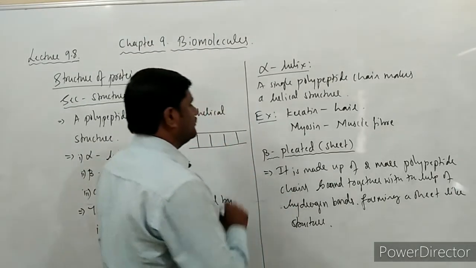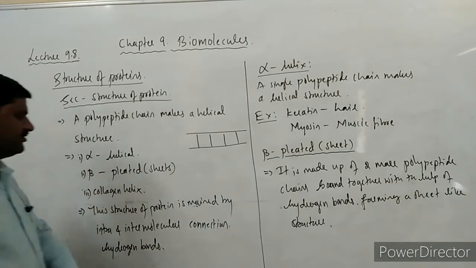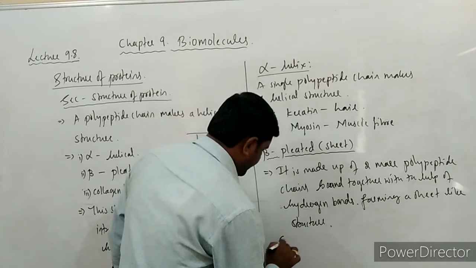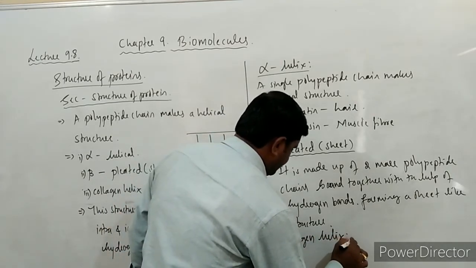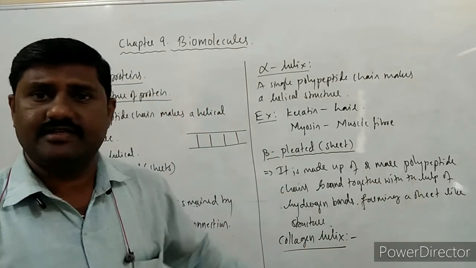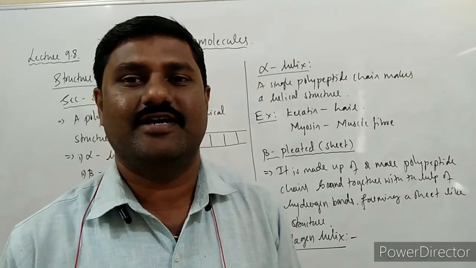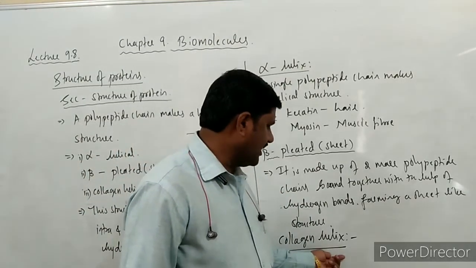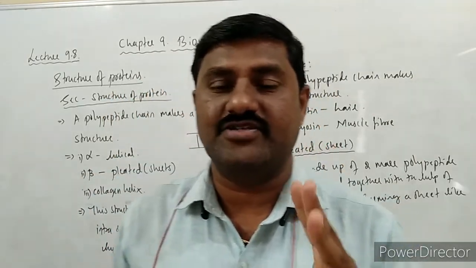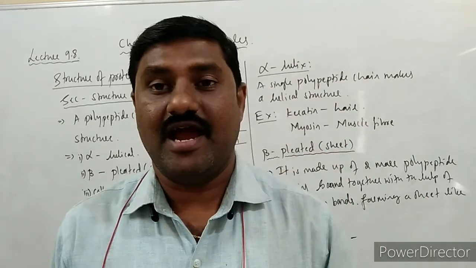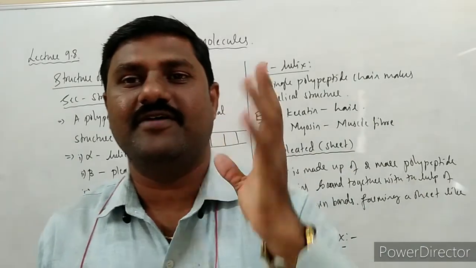And the last one, I have already mentioned: alpha helical, beta pleated as well as collagen helix. Third one is collagen helix. See here, this collagen helix, collagen fibers, white fibers that you come across over here. This collagen helix itself is made up of three polypeptide chains coiled around each other, and all three are interconnected with the help of hydrogen bonds.